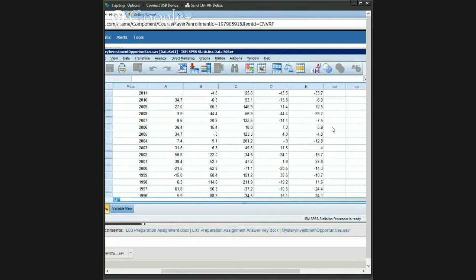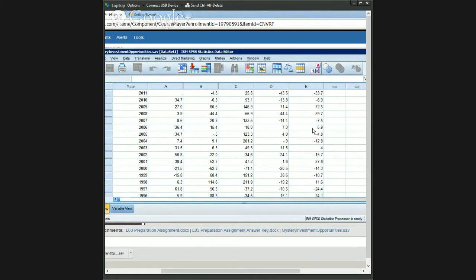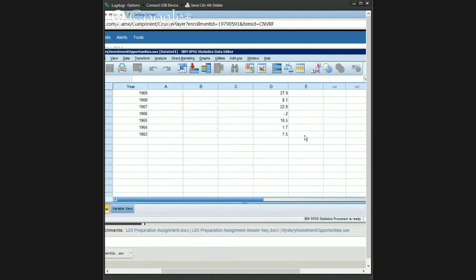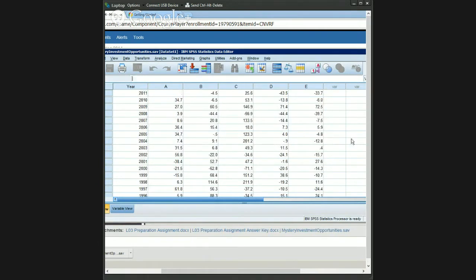Do you see? So is each company just A, B, C, D, and E? Anyone? I think so. Okay.